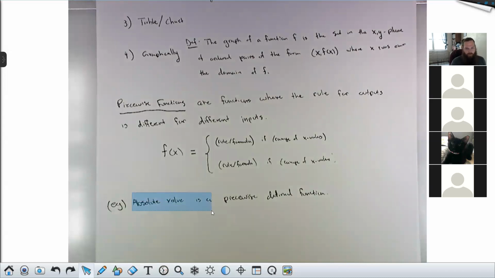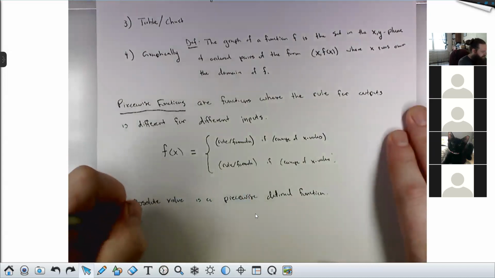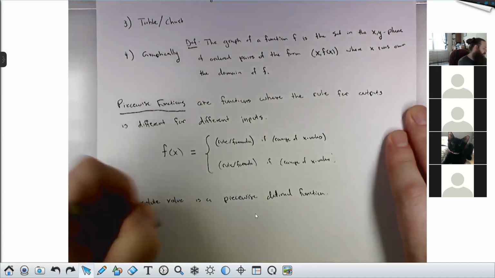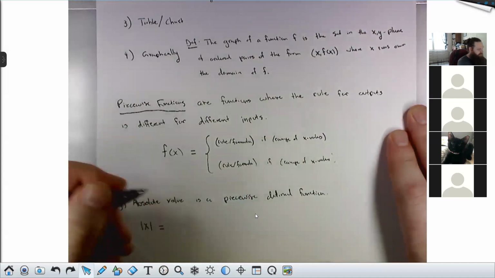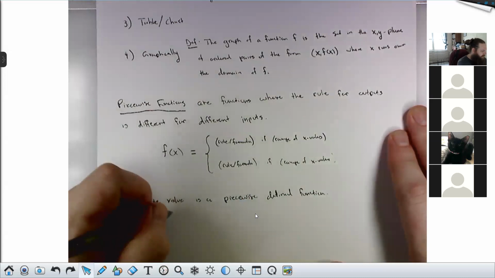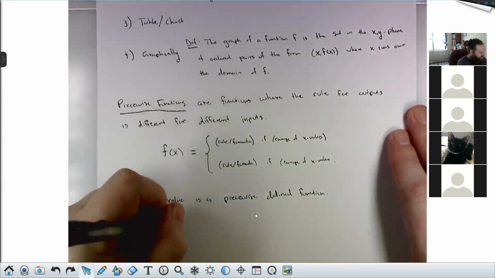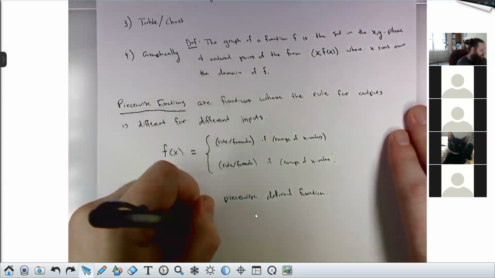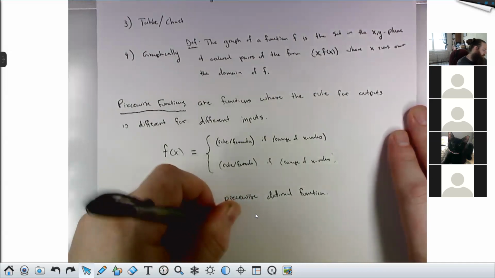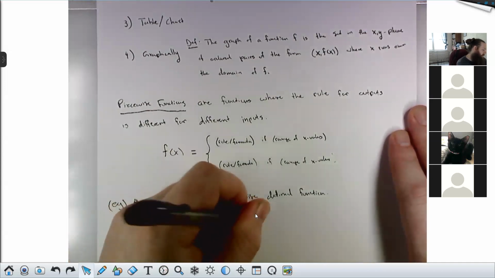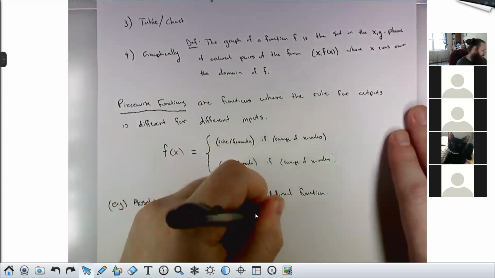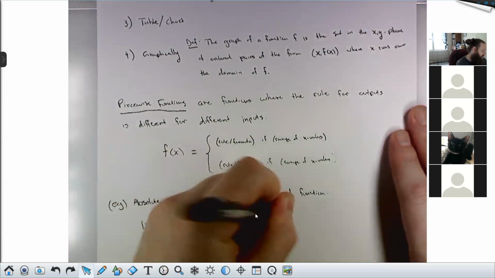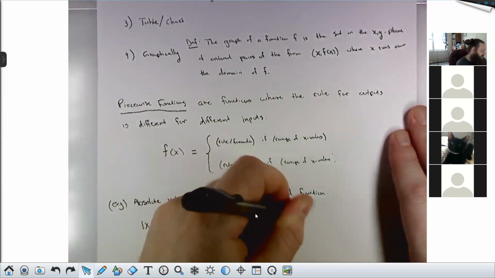But the absolute value function is best defined piecewise. So you think about, what does absolute value do? The absolute value of x depends on what's going on, right? It leaves x alone if x is non-negative, right?